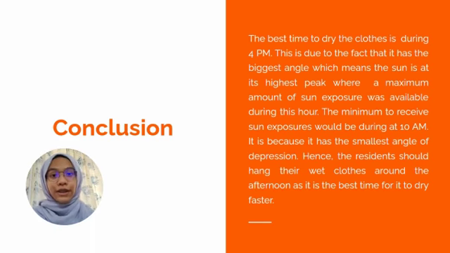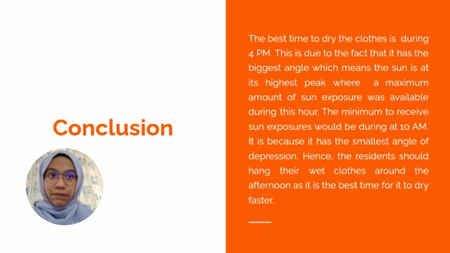In conclusion, the differences between time period and the sun exposure are the key factors when it comes to drying the clothes. Therefore, the best time to dry your clothes is during 4 p.m. This is because the sun is at its highest level, and you will receive a maximum amount of sun exposure during this hour.